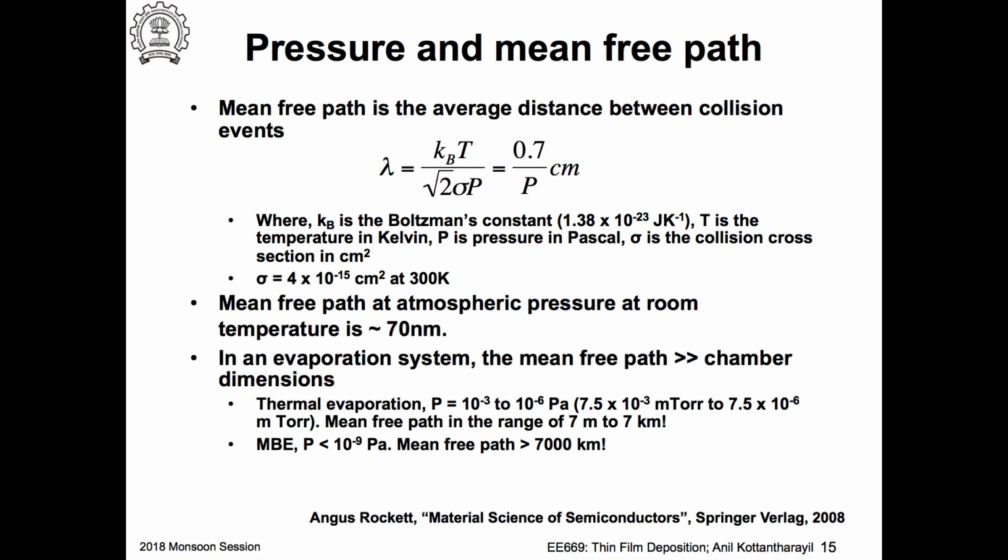So you get pure materials deposited on the substrate. Of course, we are assuming the source itself is highly pure, and the substrate can be maintained very clean. So that's the next point that we would discuss.